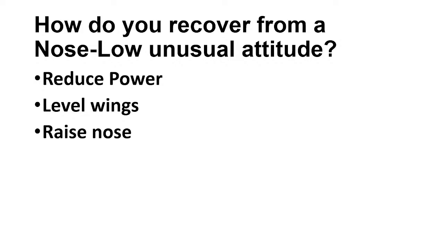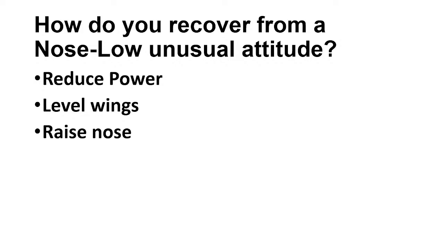All right. Speaking of straight and level, what are the primary instruments for straight and level flight? Straight, heading indicator. And level, altimeter. And attitude. Okay, so power. Would that be airspeed? Yeah, okay.